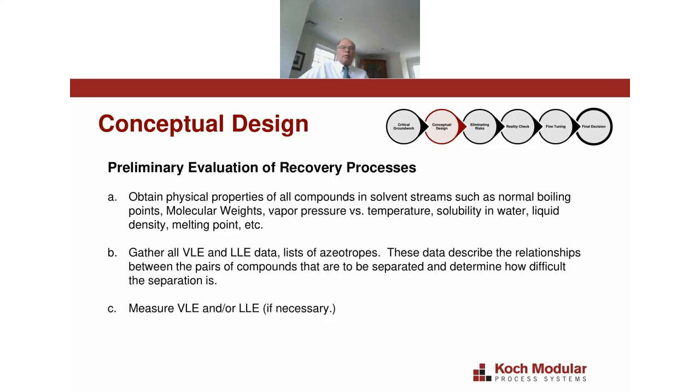So after we've got that information, we know the species that are present in the customer's feed and what purities we're trying to achieve. The next step is for us to evaluate the basic data that we need to develop a process, which would be the physical properties of all the compounds in the streams, including their normal boiling points, their vapor pressures, their molecular weights, the solubility in water, and their densities, sometimes their melting points.